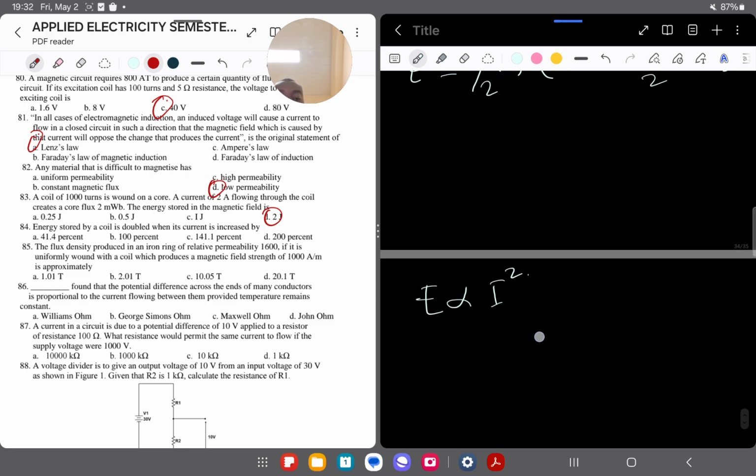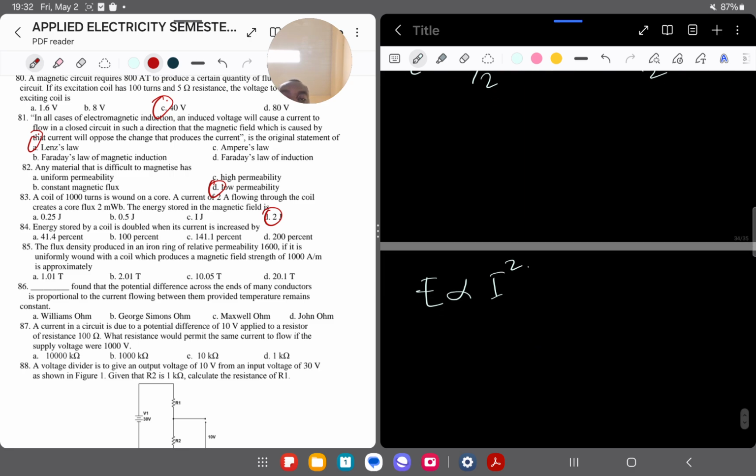So we have been told that the energy stored by a coil is doubled. So meaning the first case we have this. Now let's say if you were to double the energy, what is going to happen to the current? That's what we are supposed to find out.